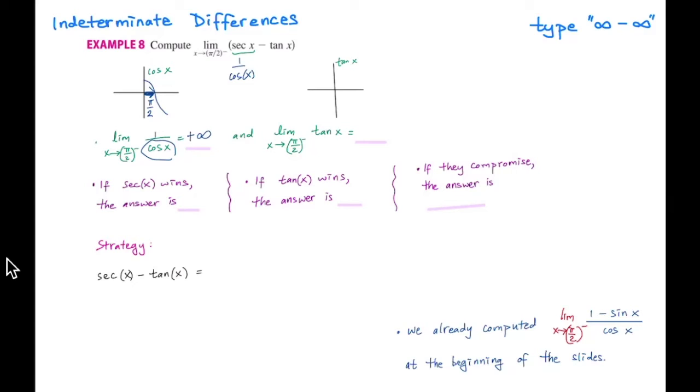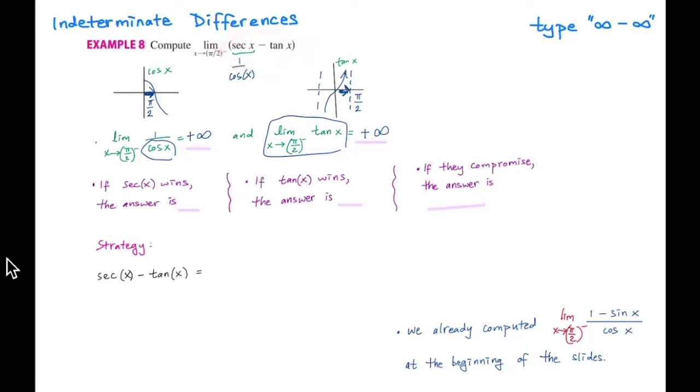Next, I can compute this limit. I can draw the graph for tangent. And as we approach pi over 2 from the left, tangent of x approaches positive infinity. So just by looking at this, we don't know what's going to happen.